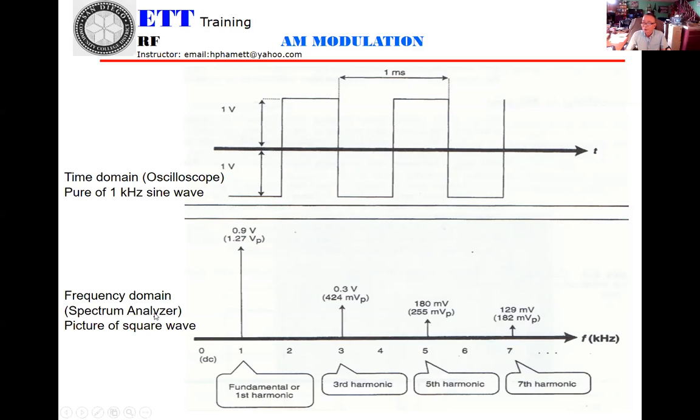The first one you already know: that's just a square wave displayed on the oscilloscope. However, the same square wave displayed on the spectrum analyzer looks different. You cannot see any square wave or sine wave. It only gives you 1 kilohertz, what the amplitude is, then 3, 5, 7, 9, and so on. It's just the value of the amplitude at different frequencies.